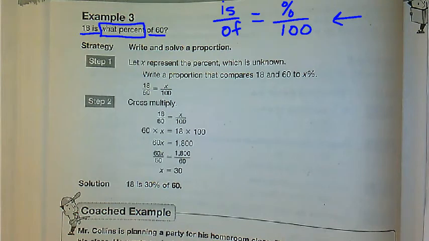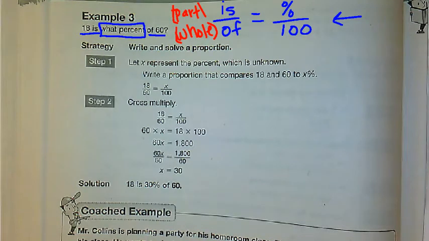Another thing to say instead of is and of, sometimes we say part and whole. And later on I'll talk to you why we don't always say part and whole, but usually it's going to be part and whole, and then percent is always on the top, and then 100 is always on the bottom.